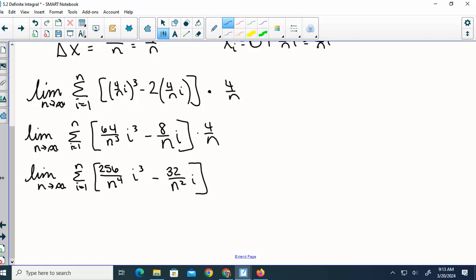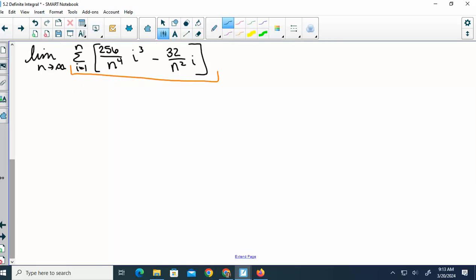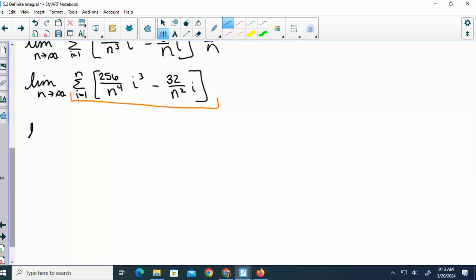Alright, we've cleaned it up enough that now we can do the summation piece. Once we add it up, so once we use our summation rules, that sum symbol goes away.